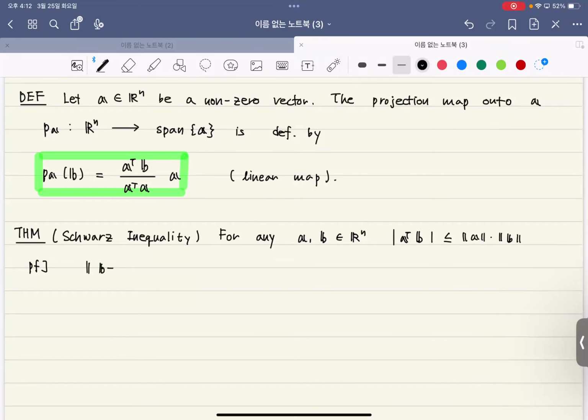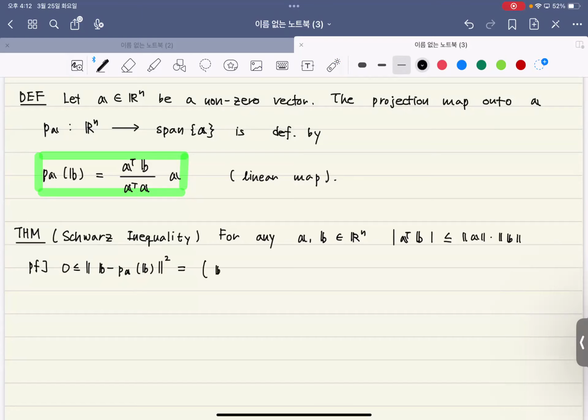I want to consider the norm squared of B minus the A component of B. This is a vector, and its length squared is always greater than or equal to 0.